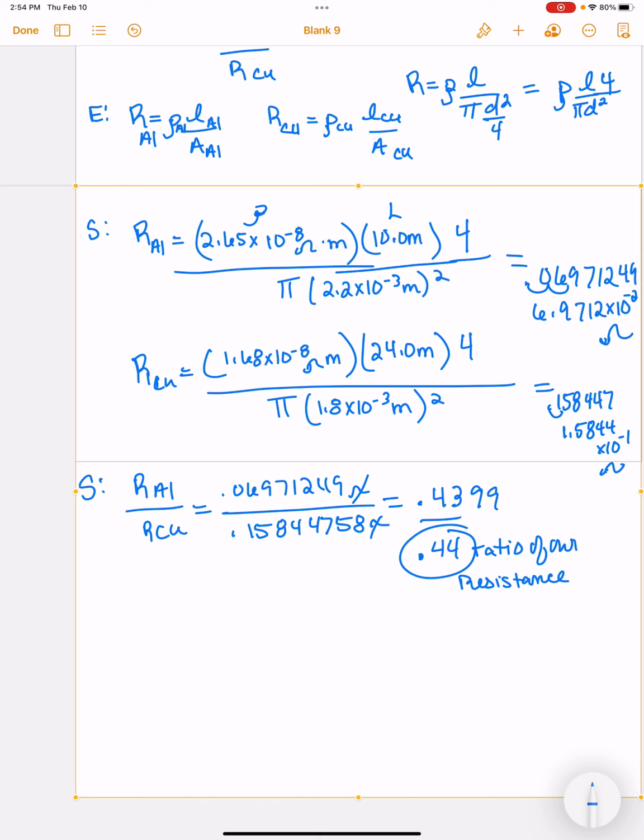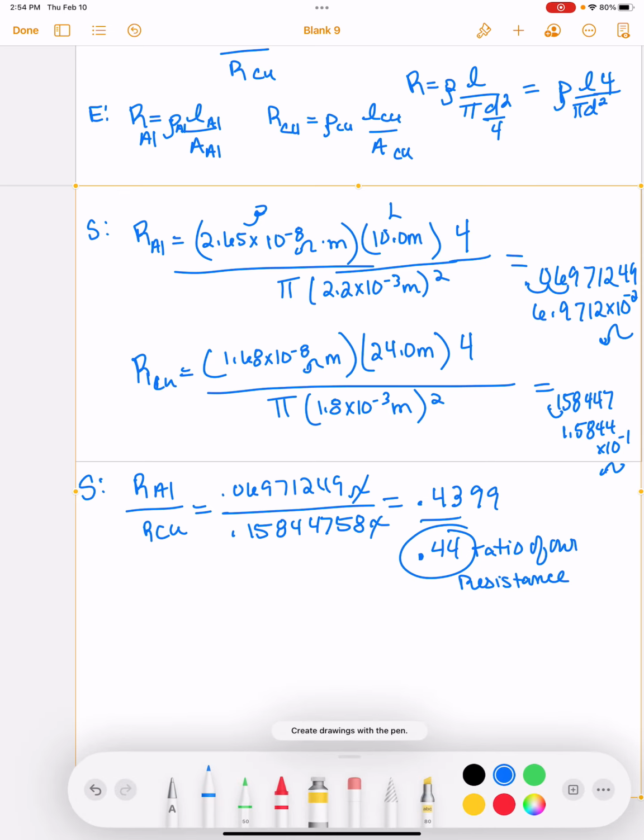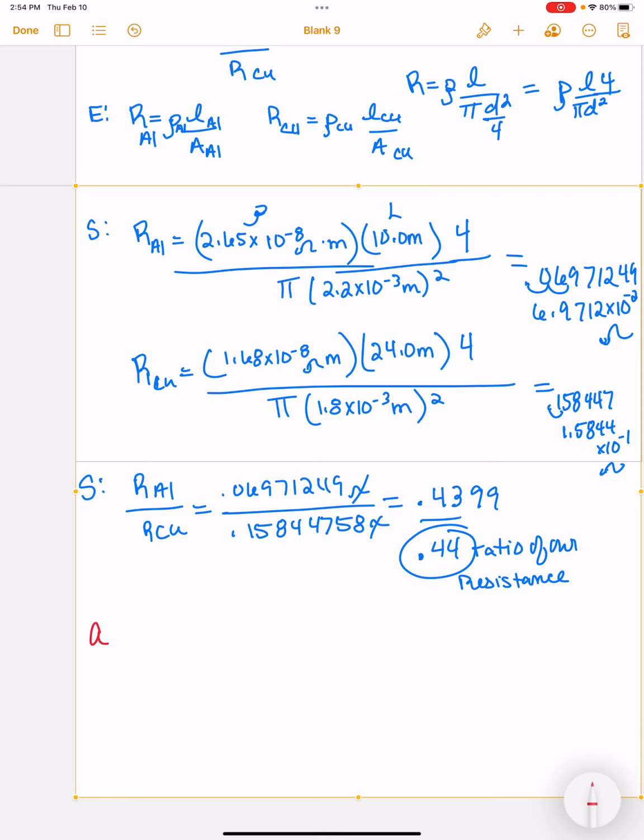Okay, so we have a certain copper wire that has a resistance of 15 ohms.